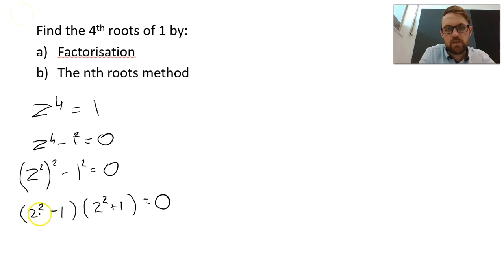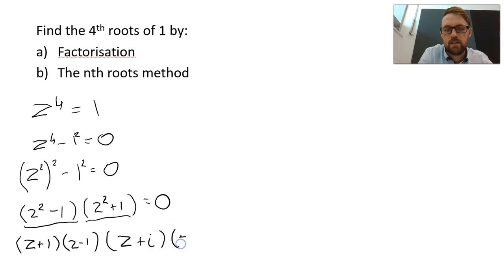Because this number multiplied by this one equals 0, either one of these things has to be 0. If z squared take away 1 equals 0, then factorizing it, z plus 1 times z minus 1 has to be equal to 0. On this side, we factorize out z plus i, z minus i equals 0. So we've just factorized a couple of times.